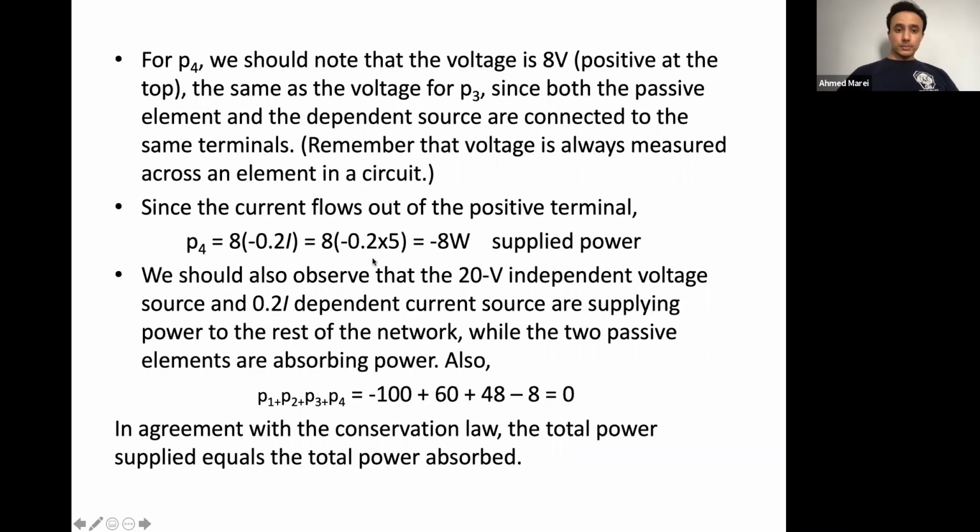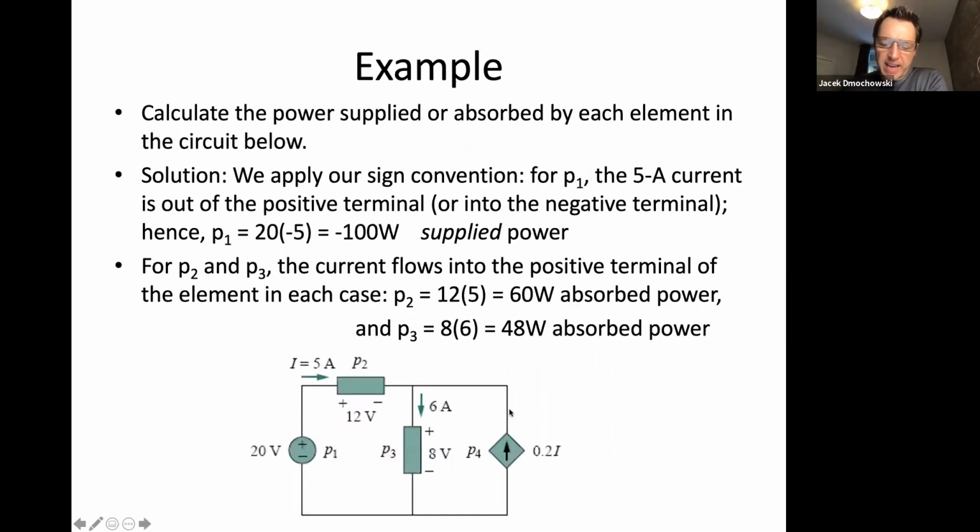So for P4, we can just deduce the value of -8 by applying the law of conservation of energy. The sum of powers across the circuit has to equal 0. And so there are 2 ways of getting to -8 here.